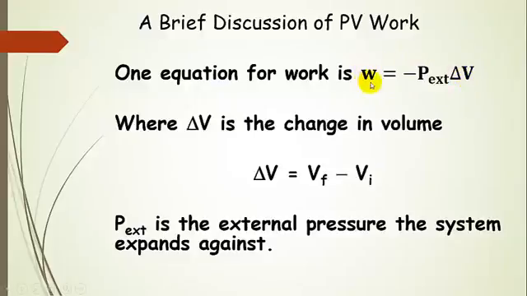This is actually the only one that we're going to use. Work is equal to the negative external pressure, so that's the external pressure on the system, multiplied by delta V, which is the change in volume of that system. And the external pressure is the pressure that the system expands against.